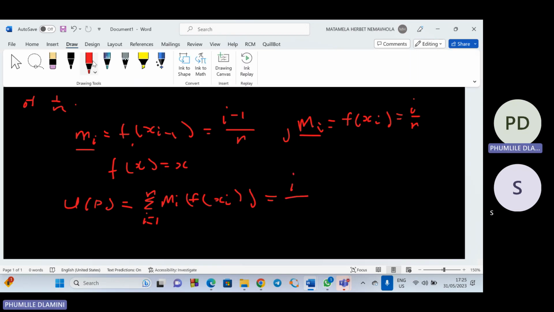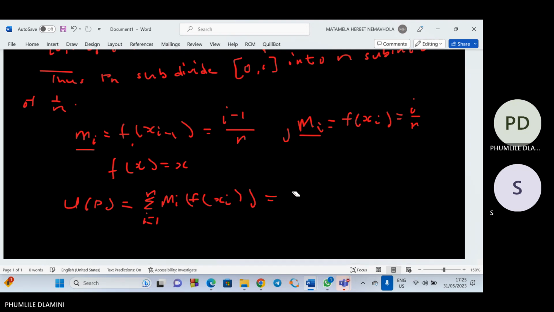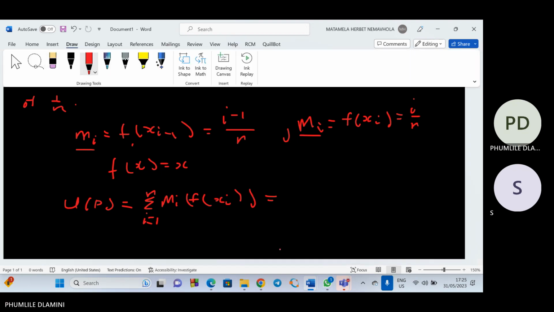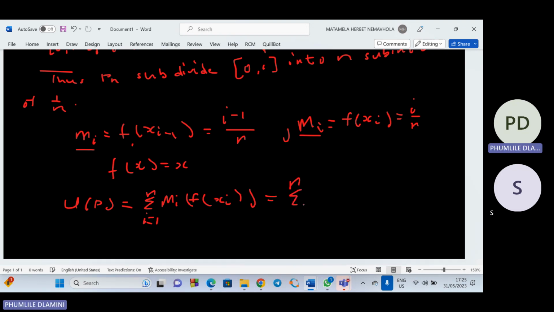Let me write some first. It's going to be the sum from i equals 1 to n of i over n, dot our delta x i, which is the interval subdividing this.